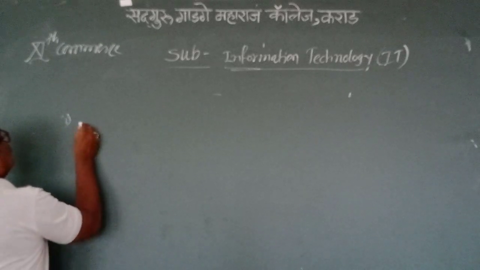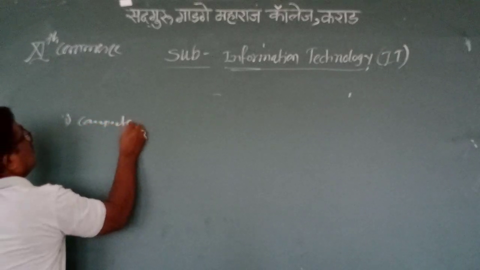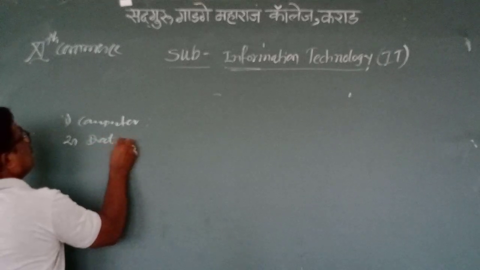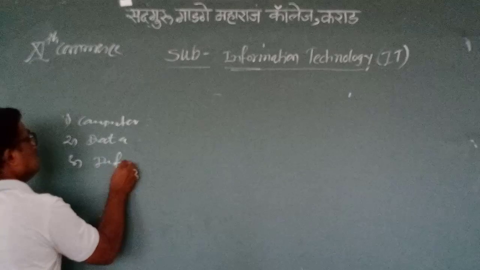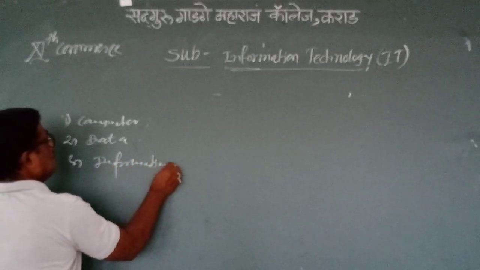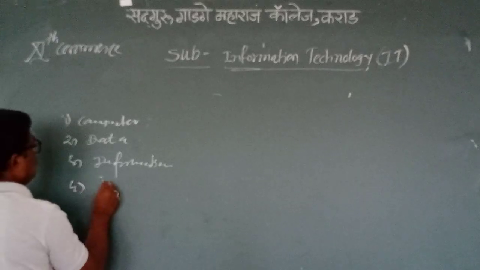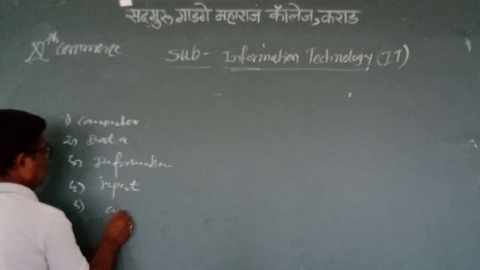First, we have to study what is computer, then second, data, third is information, fourth is input, fifth is output.